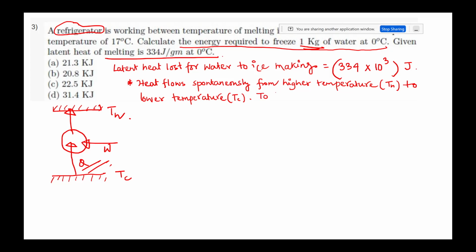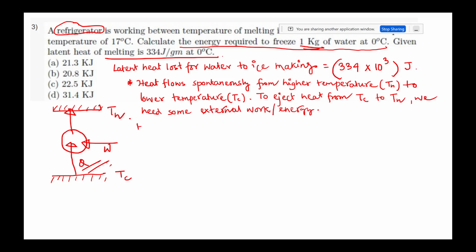Now, to eject heat from Tc to Th, we need some external work or energy, right? That's why it is important.